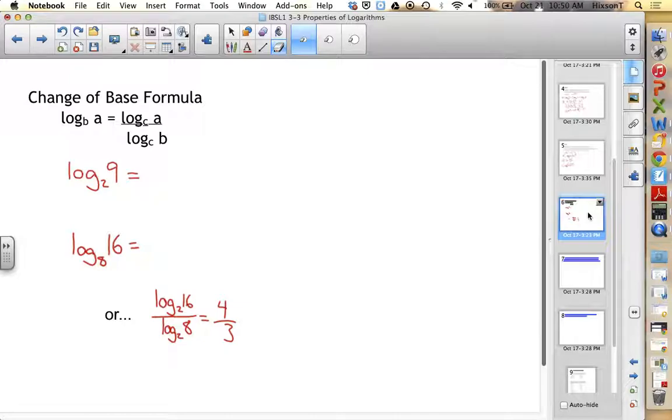What the change of base formula says is that you can change the base to whatever base you want, as long as you put it in this ratio. The log base b of a can be converted to a base of c if you take the log base c of a and divide it by the log base c of b.